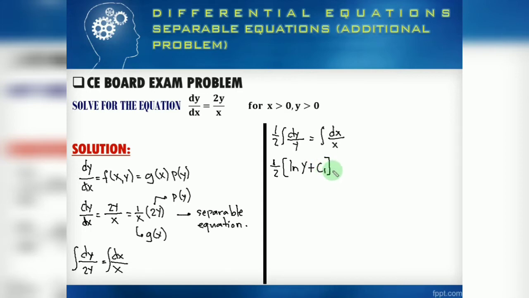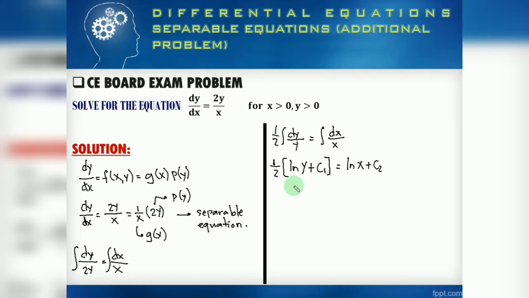And for the integral of dx over x, this is simply equal to ln of x plus a constant, which we designate as c2.